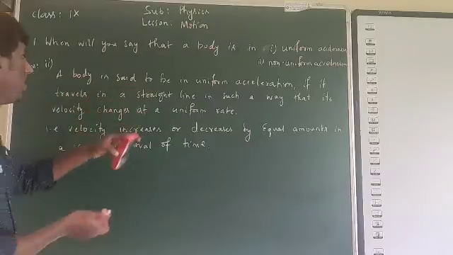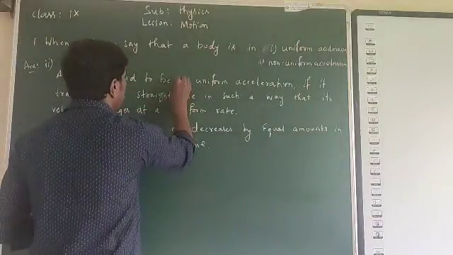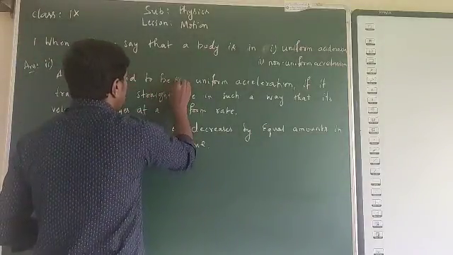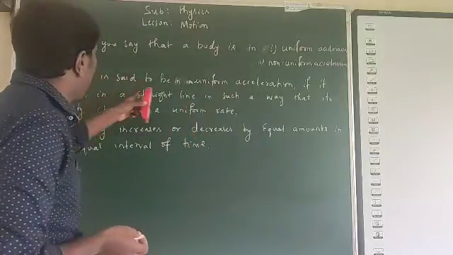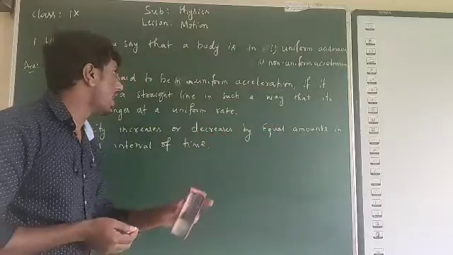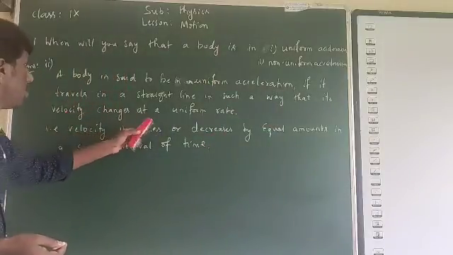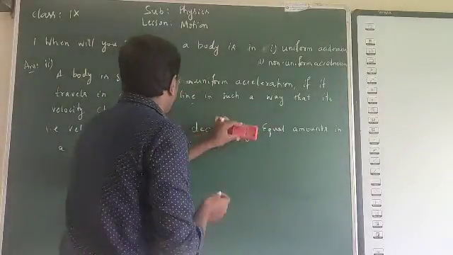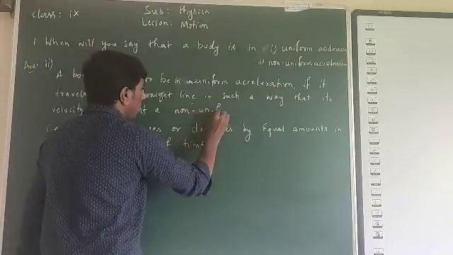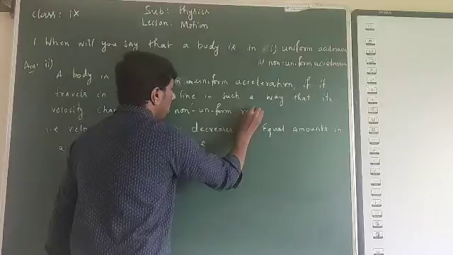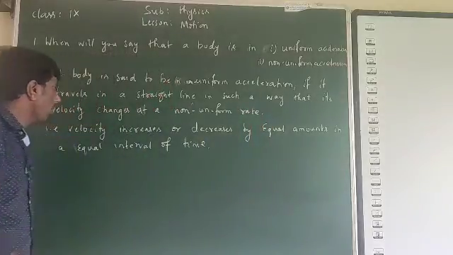A body is said to be in non-uniform acceleration if it travels in a straight line in such a way that its velocity changes at a non-uniform rate. Wherever it was uniform, we need to write non-uniform. How is it?